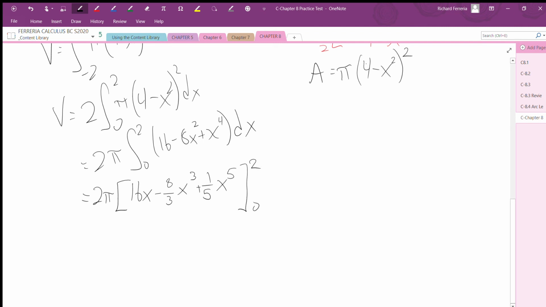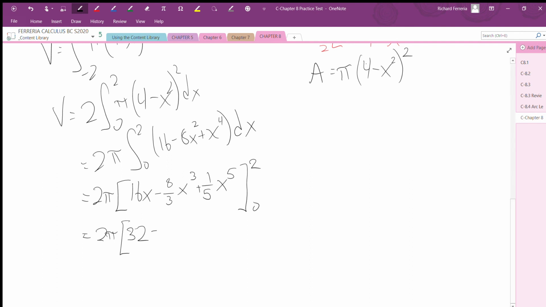Take a minute, make sure you got the calculus part correct. And it looks good. This is why it was nice to have that 0 instead of negative 2, because as you can see, when I substitute a 0, I'm going to get a 0.